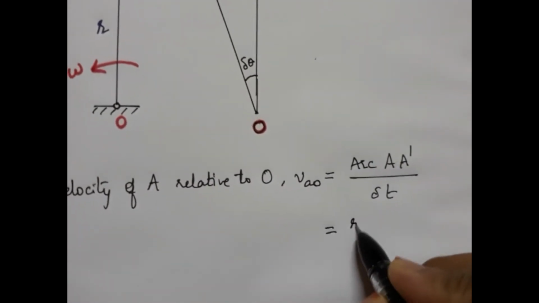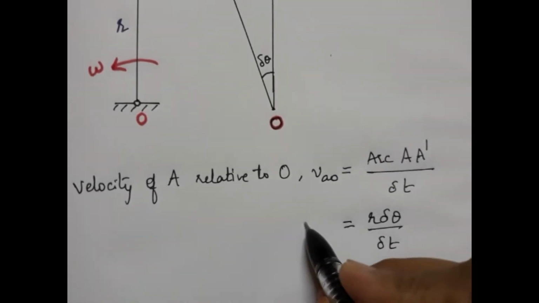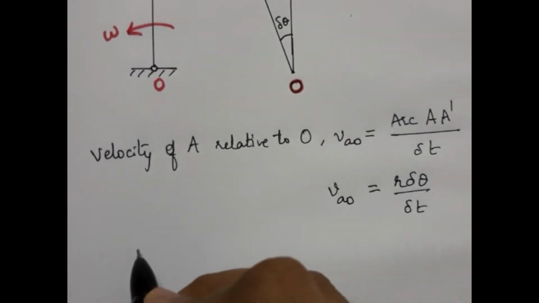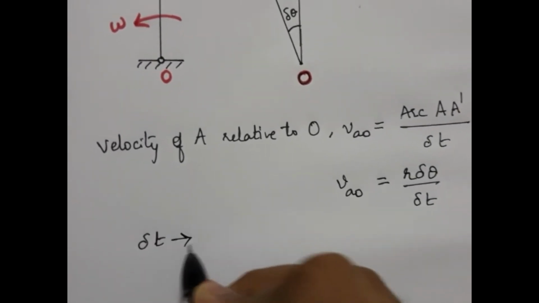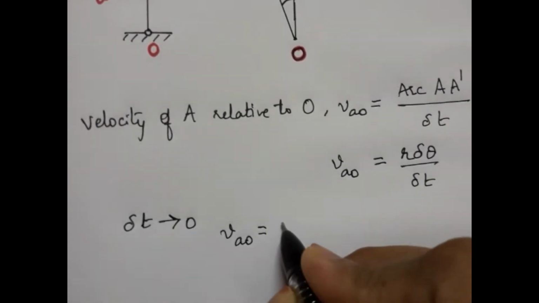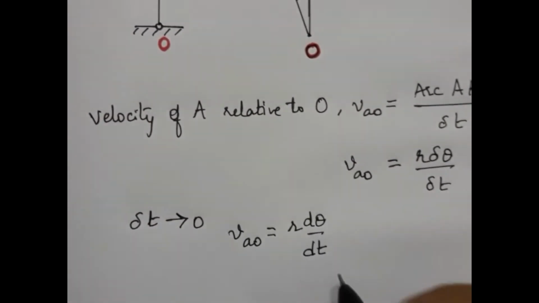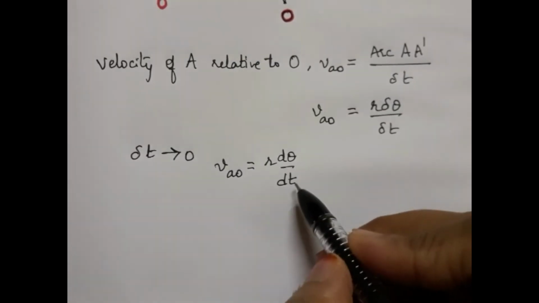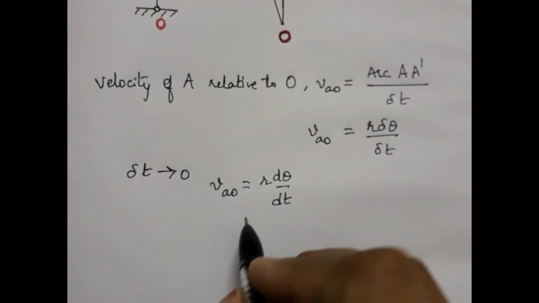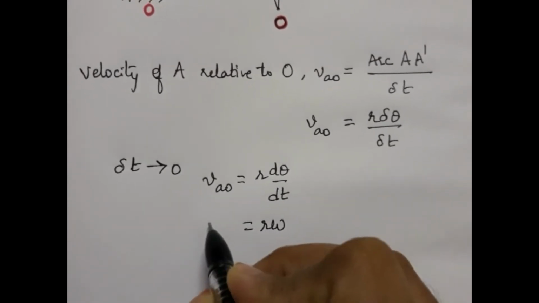So this is r delta theta by delta t. This is the velocity of point A with respect to O. Now if limit delta t tends to 0, then VAO can be written as r d theta by dt. As we know, d theta by dt is nothing but omega. So we can write VAO as r omega.